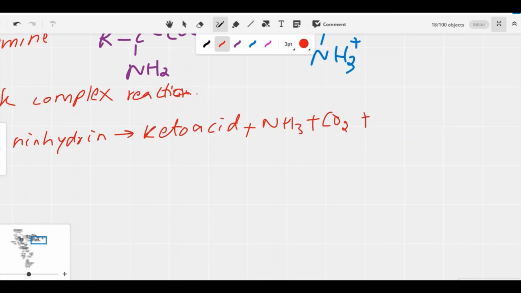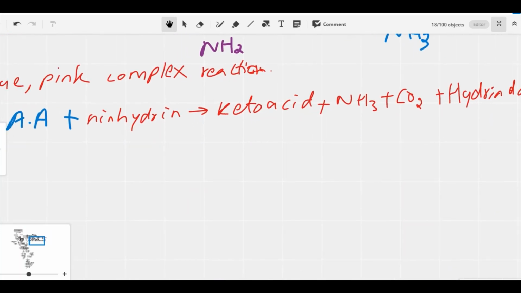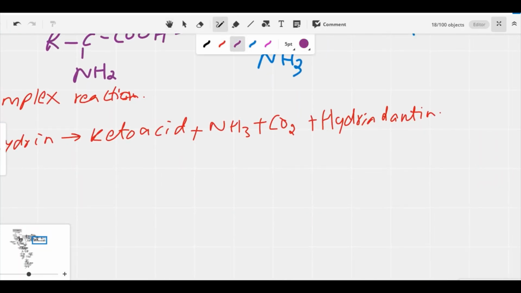The next byproduct is hydrindantin. And the hydrindantin will undergo addition of ammonia along with ninhydrin, and that will make Ruhemann's purple.